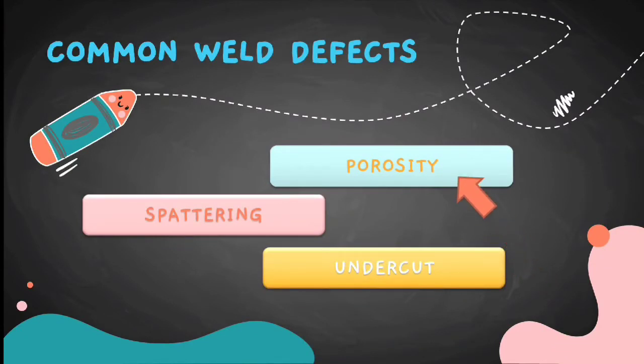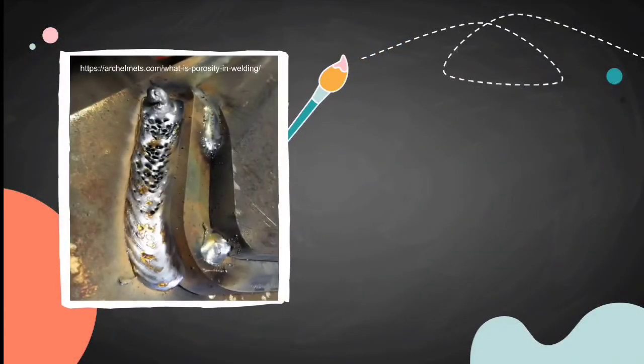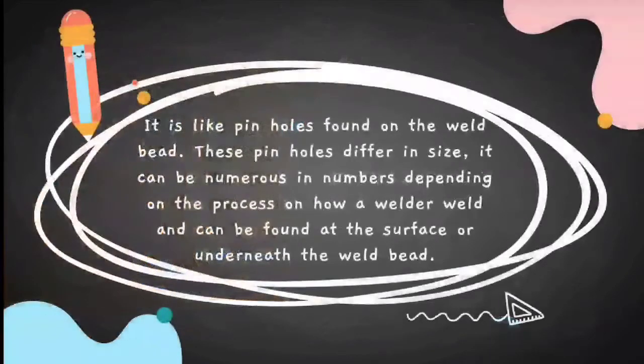First of all, let us discuss about the different kinds or the common weld defects. Let us have the first one. We have the porosity. When we say porosity, it is like pinholes found on the weld bead.